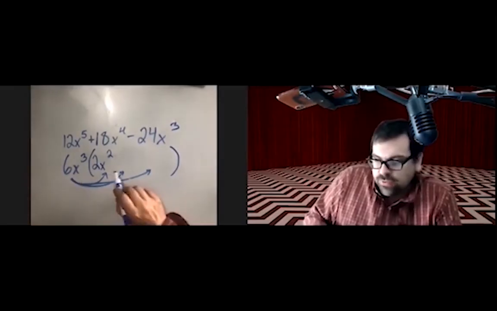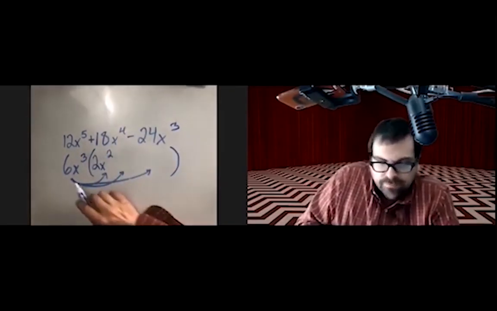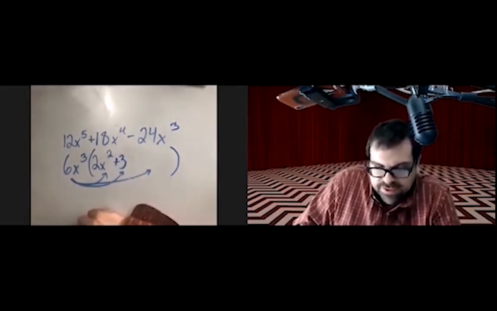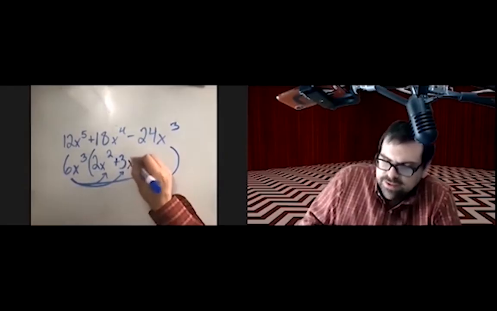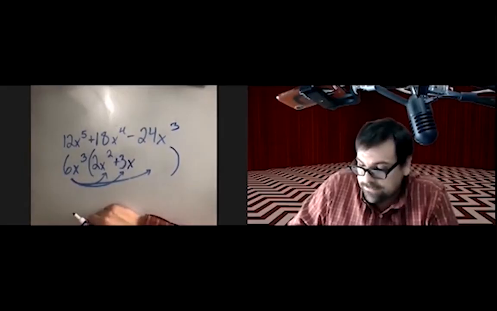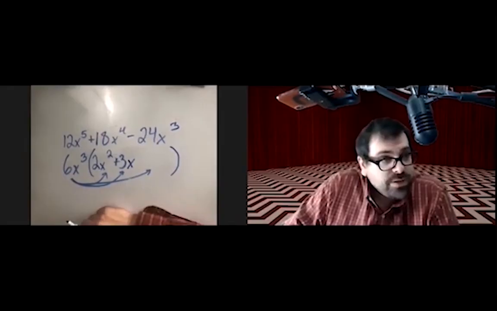Next, 6x cubed times what is 18x to the fourth? Well, positive 6 times positive 3 gives us the positive 18. X cubed times x would give us x to the fourth. 6x cubed times what is negative 24x cubed?